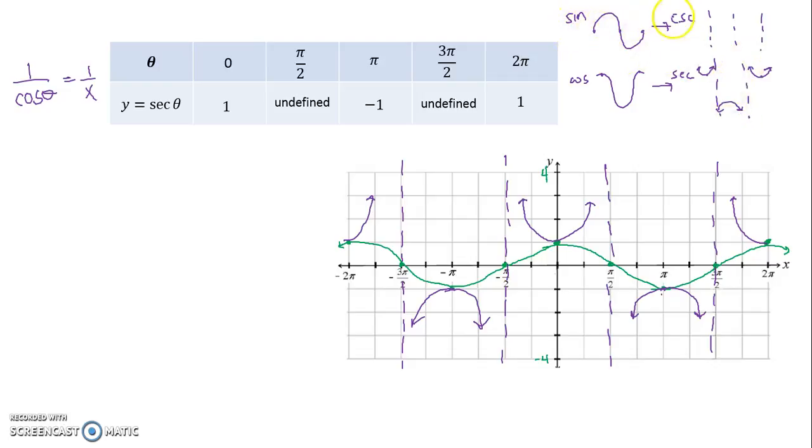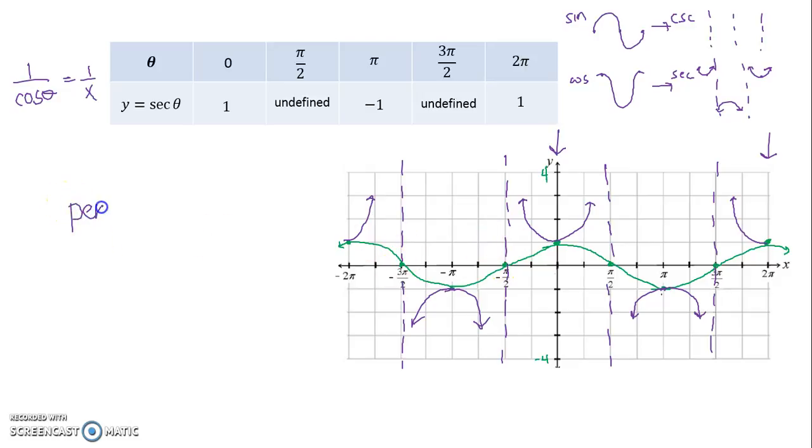Sine starts at 0, cosecant starts at asymptotes. Cosine starts at 1, so secant starts at 1. It does not start with an asymptote. Technically, my first period goes from that half of a U to this half of a U. I always try to think of where it starts, so starting at 1, and I know I'm at an asymptote, and so I put all my asymptotes down.